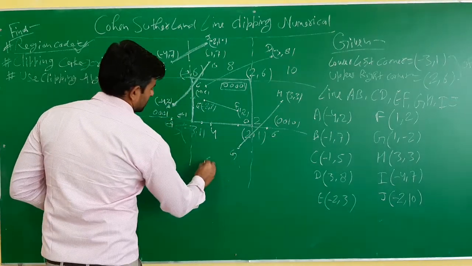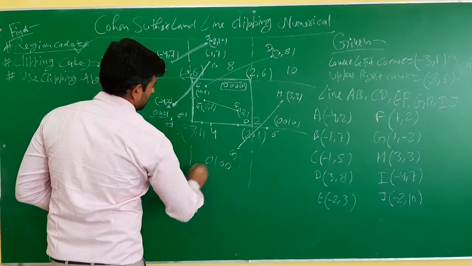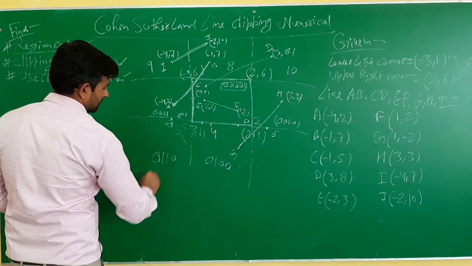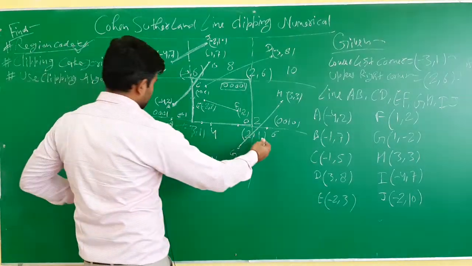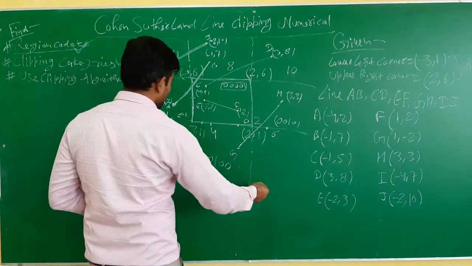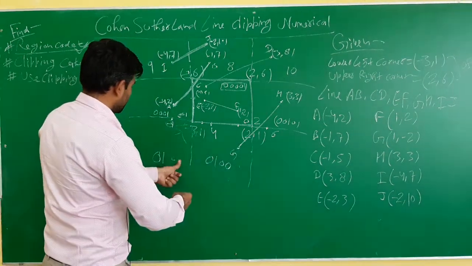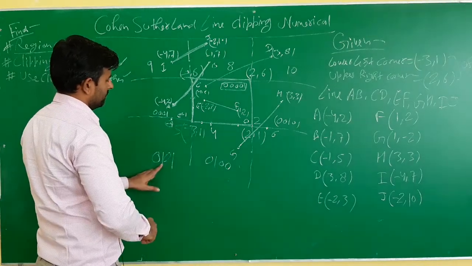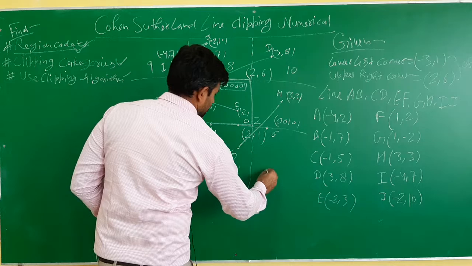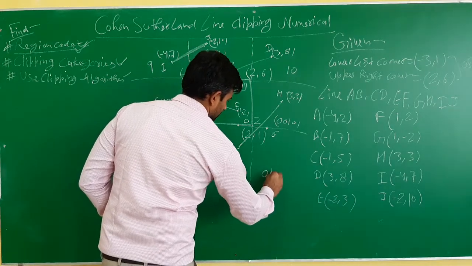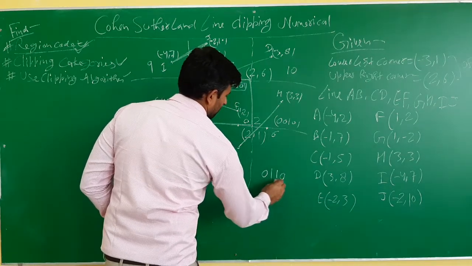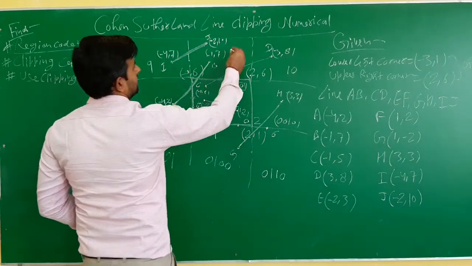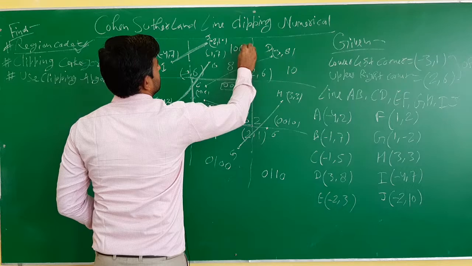Clear? 4 is 0 1 0 0. 5 is 0 1 0 1. 6 is 0 1 1 0. Clear? 8 is 1 0 0 0.